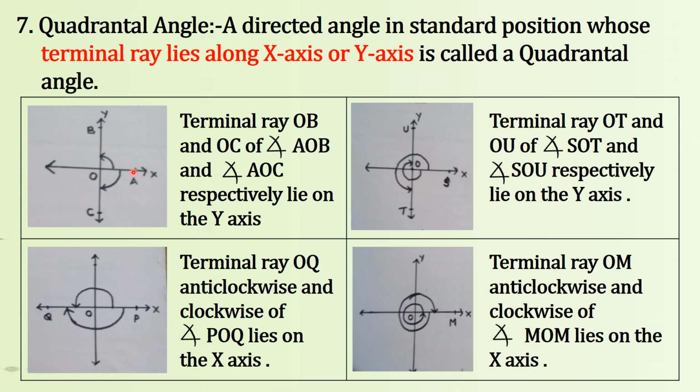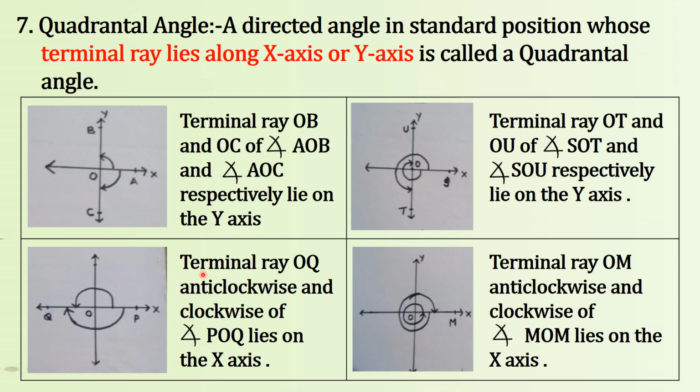In the first case, angle AOB, the terminal ray OB lies along y-axis, and in the negative direction the terminal ray OC lies in the negative direction of y-axis. So both these angles are quadrantal angles.